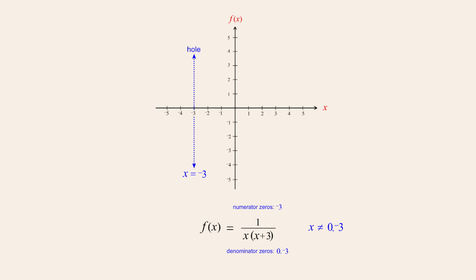Therefore, there are no remaining numerator zeros. However, this function still has the same denominator zeros as before. Since we have eliminated all factor pairs that produced holes and reevaluated the zeros, the remaining denominator zeros correspond to vertical asymptotes at x values of 0 and -3.